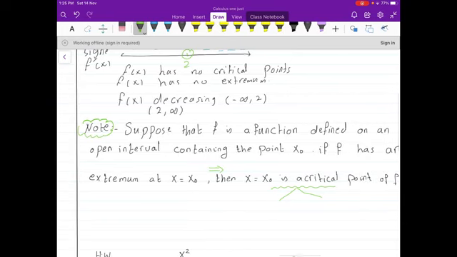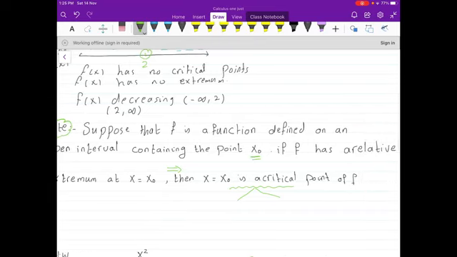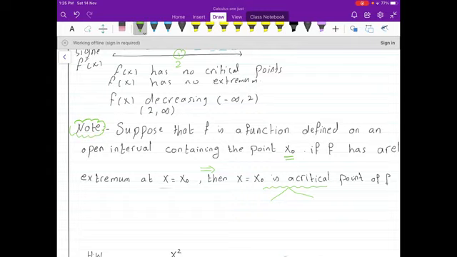But suppose that f is a function defined on an open interval containing the point x naught. If f has a relative extremum at x equal x naught, meaning a max or a minimum, then x equal x naught is a critical point.